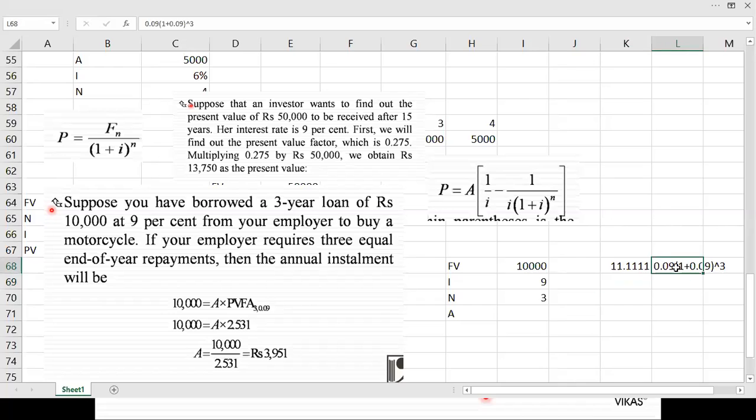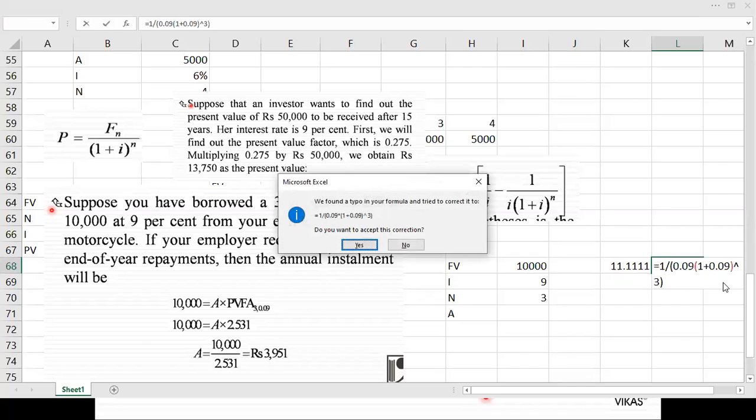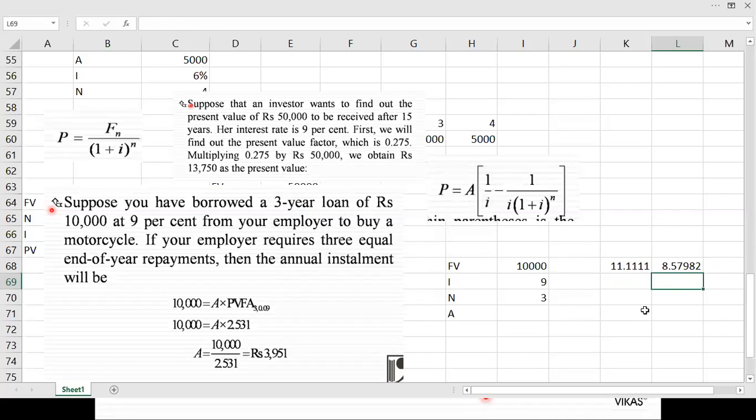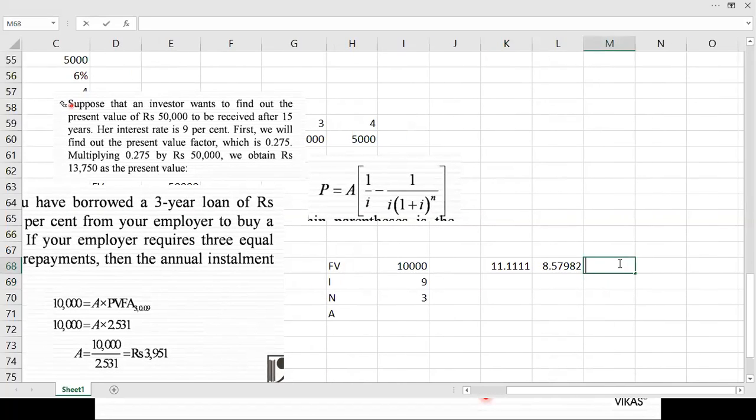And here we put 1 over, equal 1 over 2.531, right?